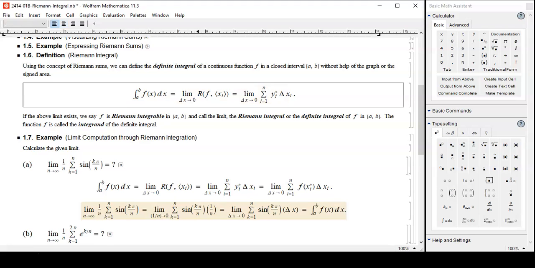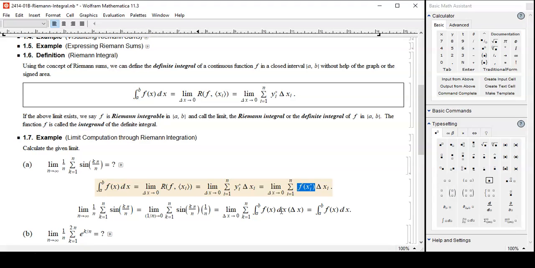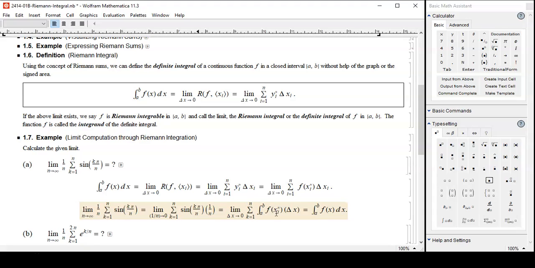Okay, but what is my function? So this one here should be f of xi star. Here, the index is k. I'm using k as an index, so I have to use xk star. Okay, this is what I have here so far.